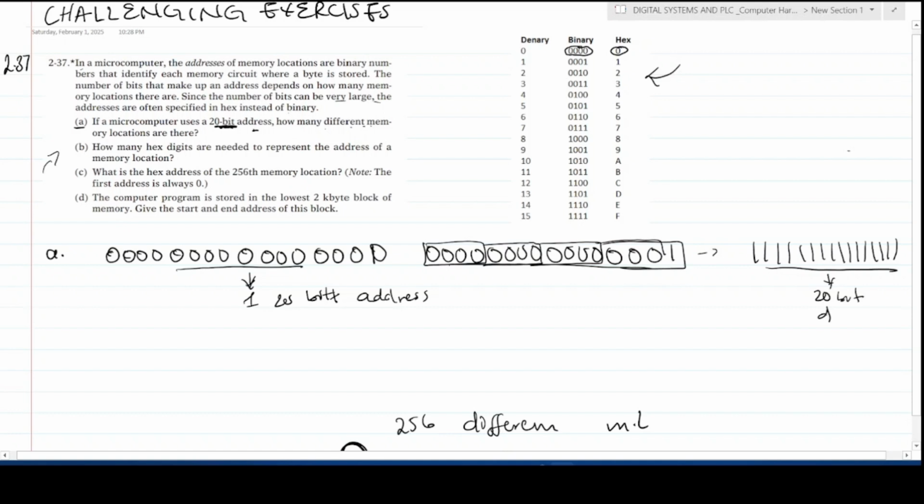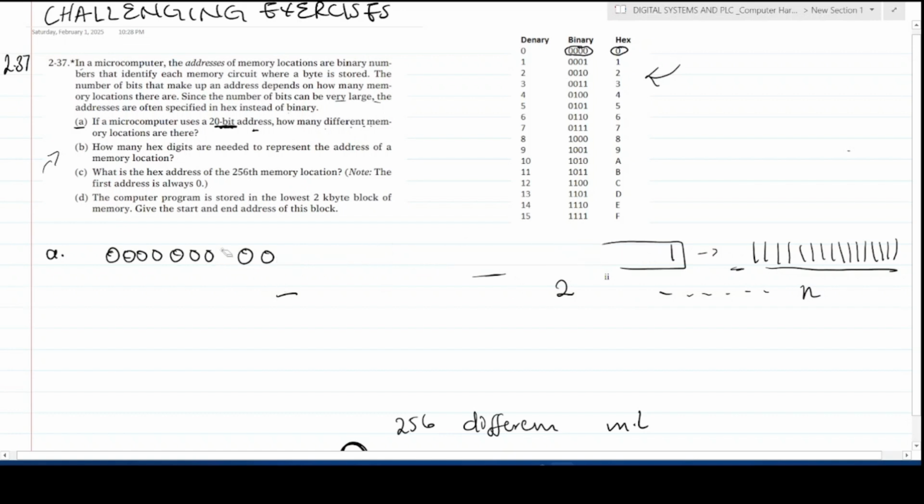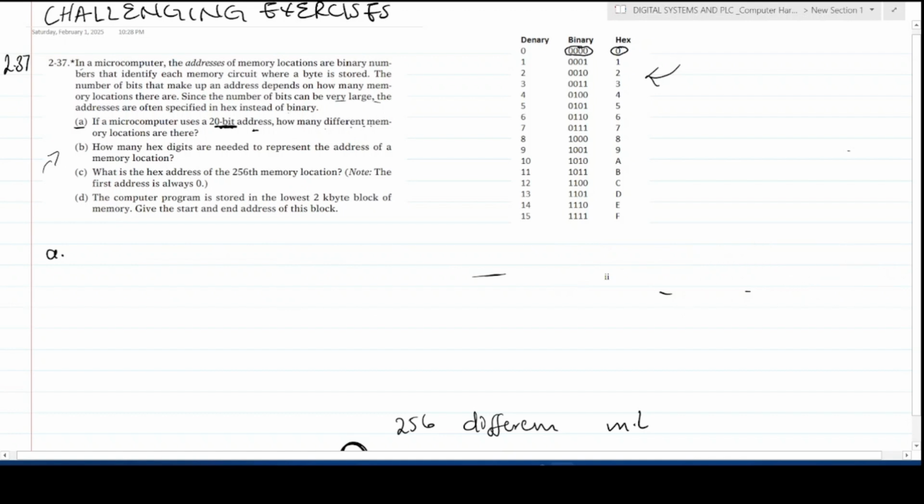So you notice there are 20 values here. That's just what a 20-bit address means. Now, to know how many different memory locations can be stored with this 20-bit address, this will be the first memory location, this is the second memory location, going up to n memory locations. We obviously cannot write out each memory location. There's a much easier way to do this rather than counting manually. All you have to do is 2 raised to the power of 20.